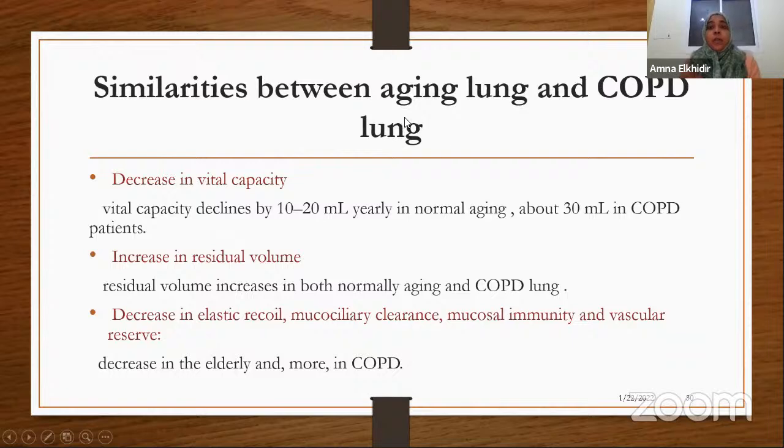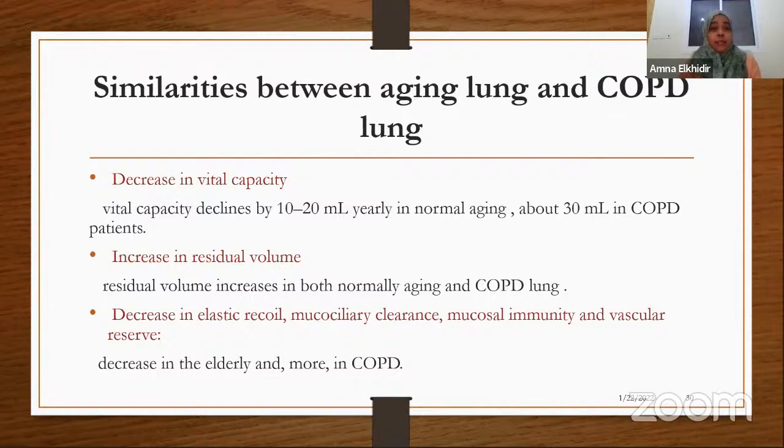So we said that the elderly population has lung changes that happen. There is similarity in changes due to aging and due to COPD. In both conditions, we have a decrease in vital capacity, but the decrease is more with COPD patients, and there is an increase in residual volume as elderly patients have decreased chest wall compliance.